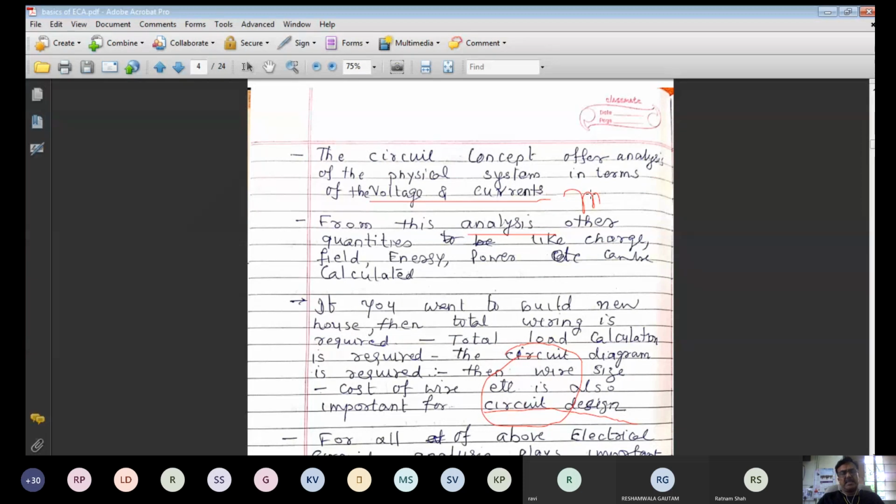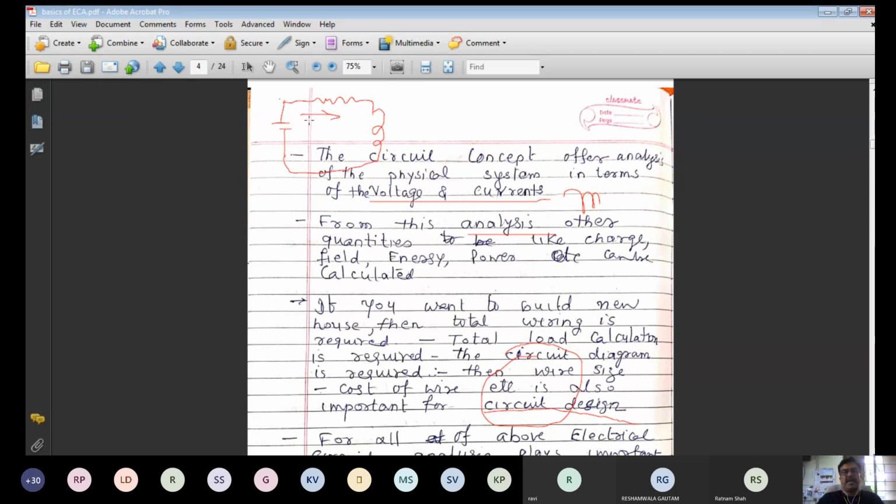So if you have a simple circuit, suppose we have a circuit like this, with one voltage source. Suppose this is a resistance, and this is an inductance, and the circuit is closed.